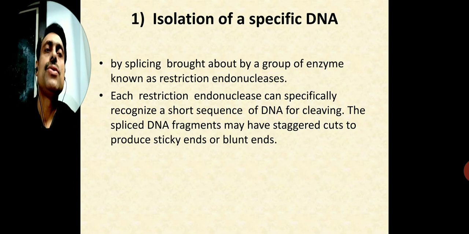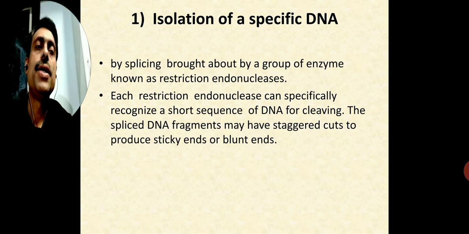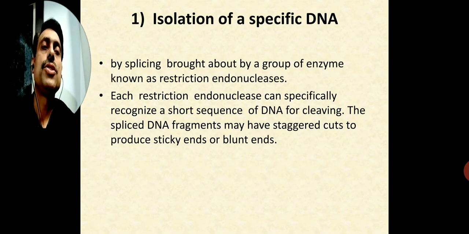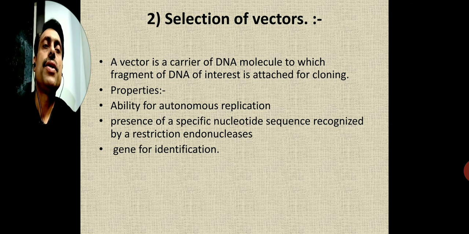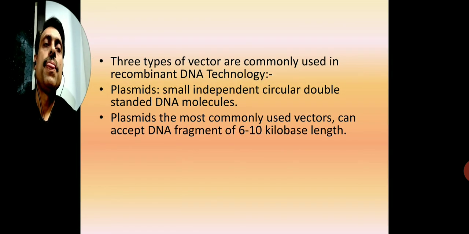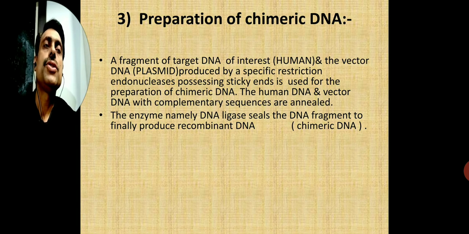So first stage, isolation of specific DNA by splicing. Splicing is brought about by DNA restriction endonucleases. Then selection of vectors: plasmid, cosmid, and bacteriophages. Then preparation of chimeric molecules.